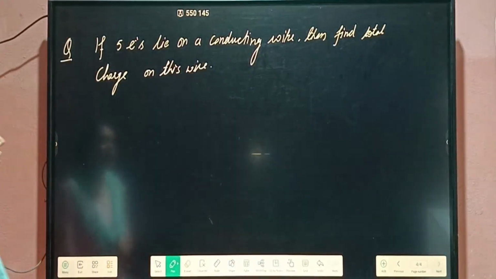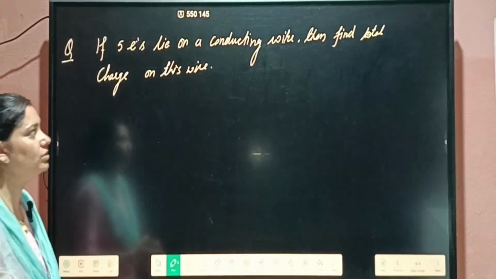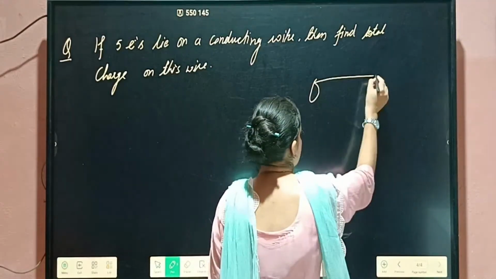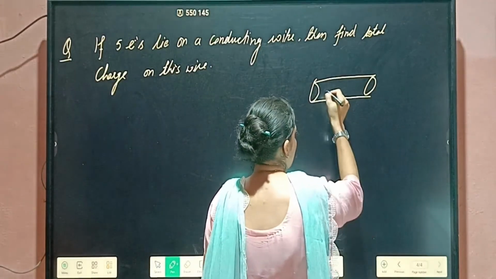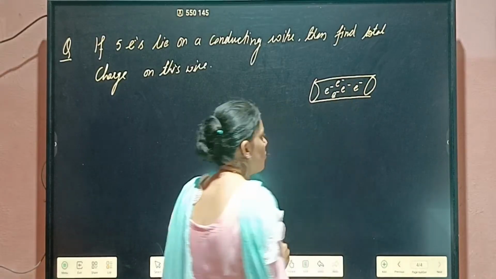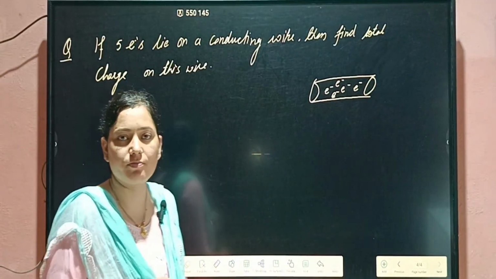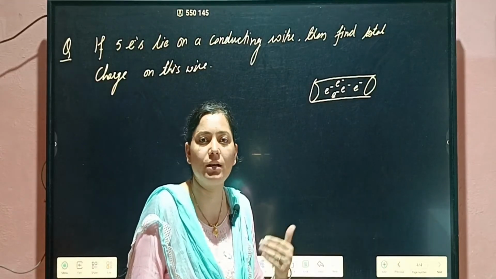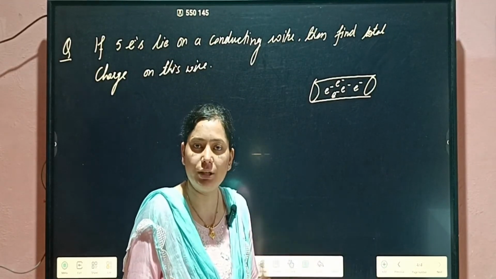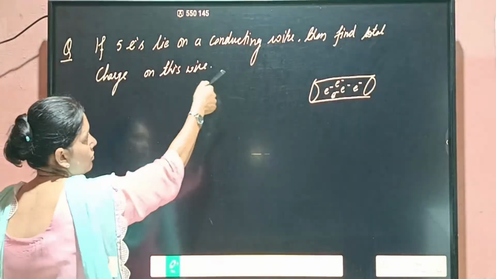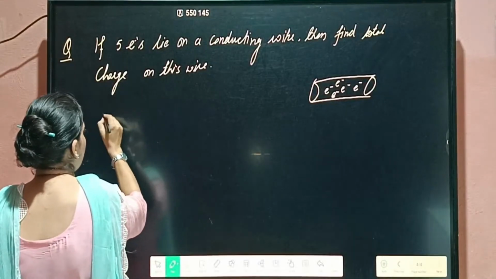If 5 electrons are there on one conducting wire, they are asking how much charge will lie on it. By using quantization of charge, total charge on any surface will be equal to an integral multiple of the charge on one electron. So we know about this.